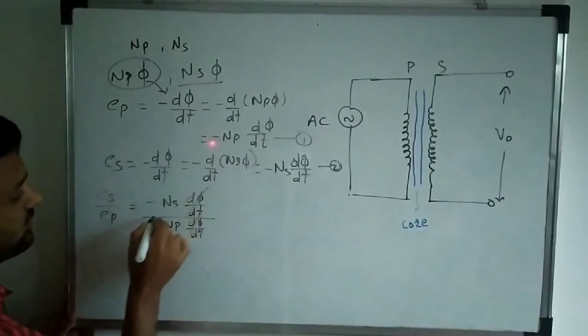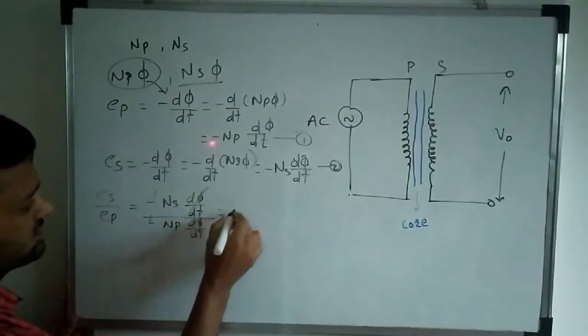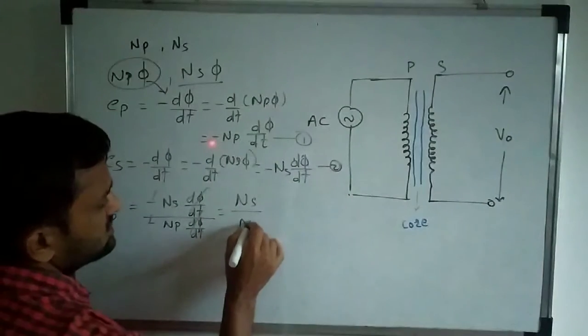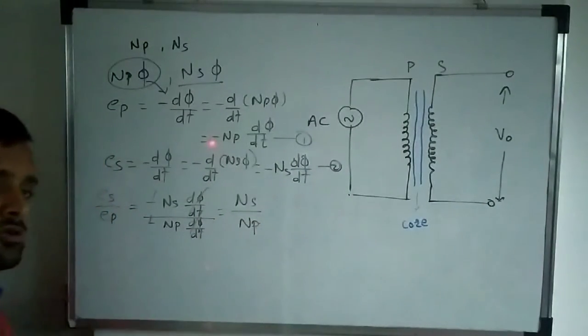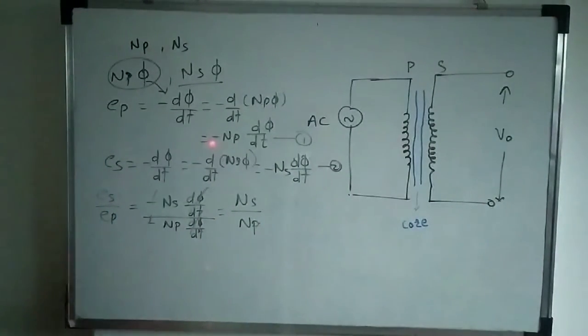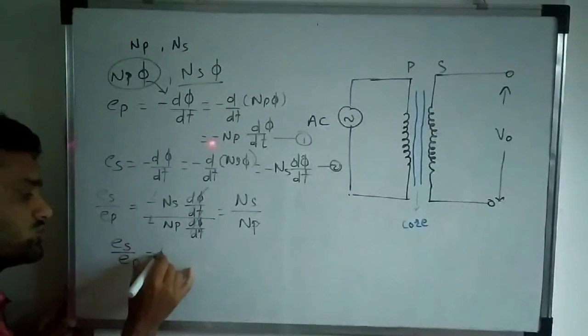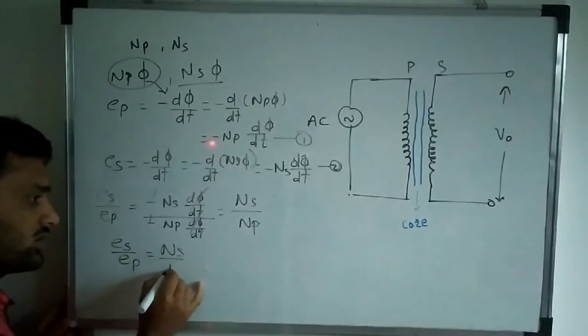D phi by dt will cancel, negative will cancel. The remaining term will be ES by EP is equal to NS upon NP. So what is the final equation? ES by EP is equal to NS by NP.